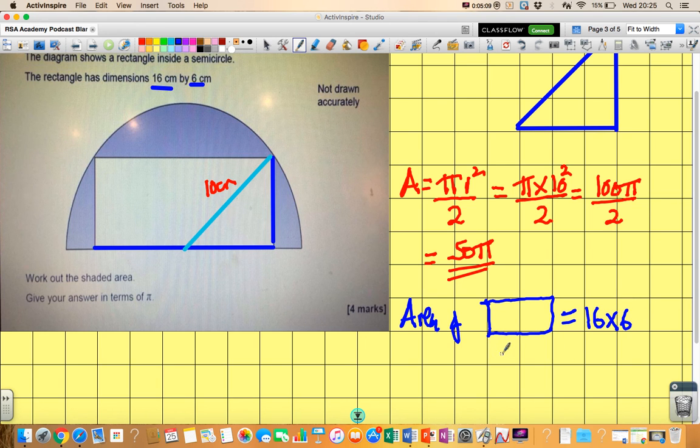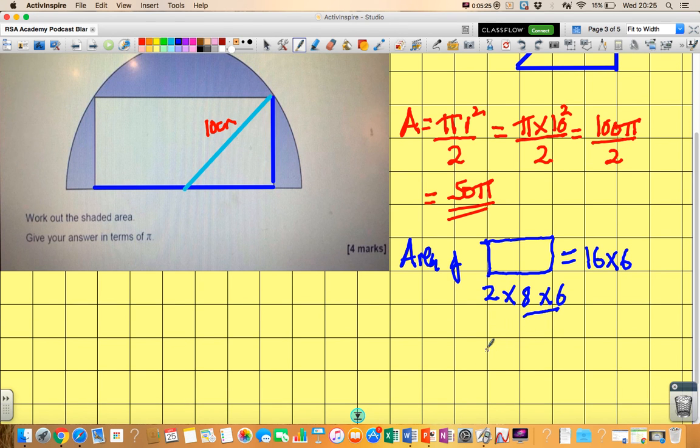And again, since this is a non-calculator question, 16 we can break down into 2 times by 8 times by 6. Well, we know that 8 times 6 is 48, so this is the same as 2 times 48, and that is 96 centimeters squared there, and obviously that's 50 pi centimeters squared.